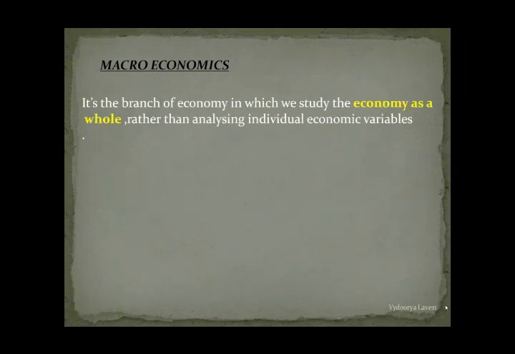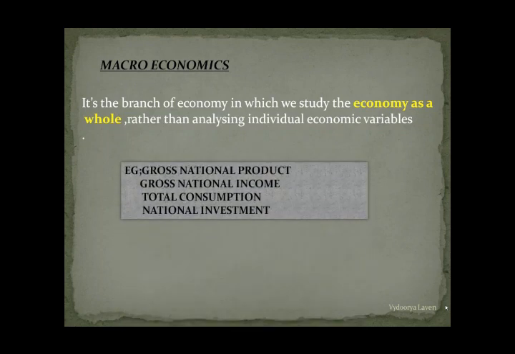It is a branch of economics in which we study the economy as a whole rather than analyzing the individual economic variables. Just look at the examples: the gross national product, gross national income, total consumption, and the national investment.